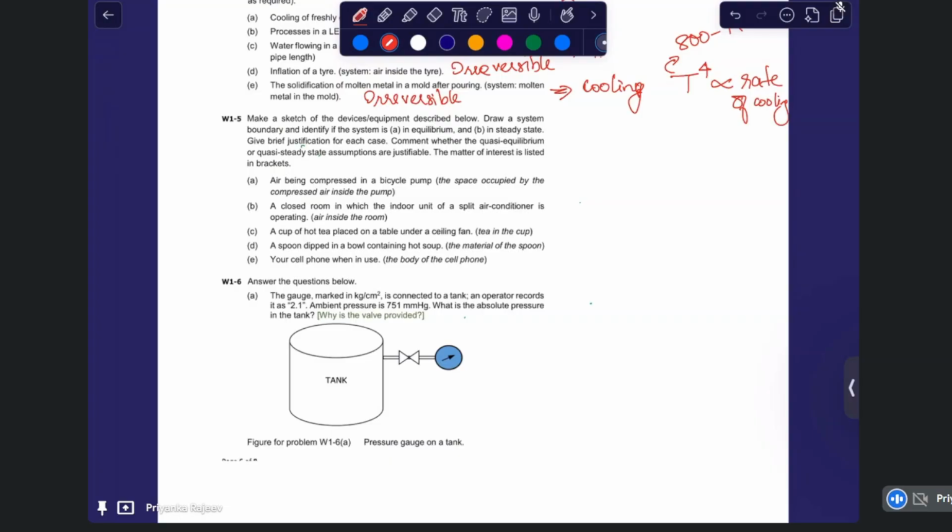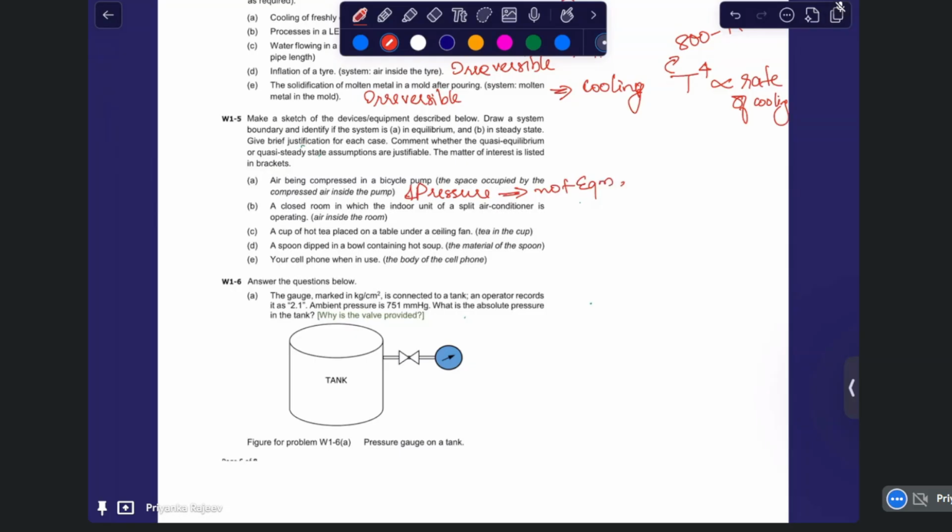Okay. So first is air being compressed in a bicycle pump. The matter of interest is the space occupied by the compressed air inside the pump. So it is not in equilibrium because pressure is changing.